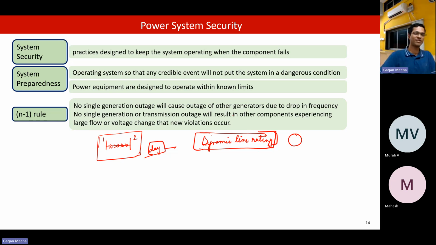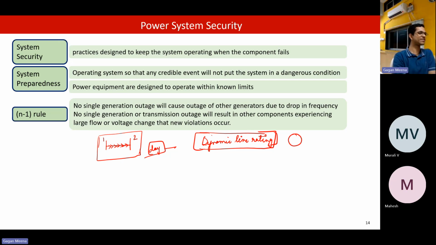There is one device, I don't remember its name, but it's a kind of circular, spherical ball which is connected around the conductor to measure its temperature and everything. So many things are used to estimate the dynamic line rating. So it's not a constant thing. It keeps on changing. It depends on many factors.